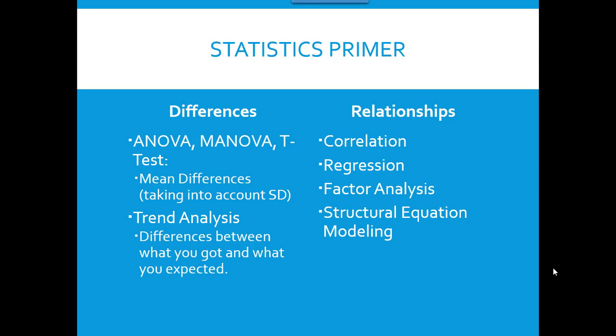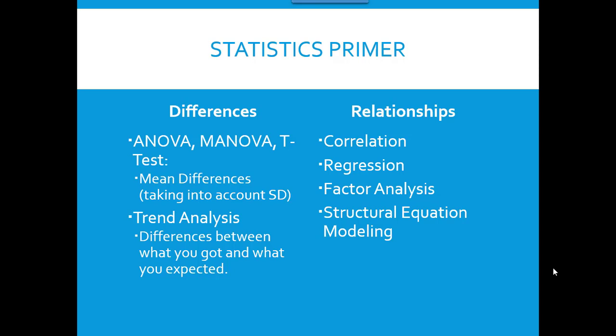Things like the number of drinks that you have related to the number of car accidents that you have, right? It's not a pre and post, it's not differences, it's a relationship. So if you see these words, correlation, regression, factor analysis, structural equation modeling, you understand that they're measuring the relationship between something and something else.